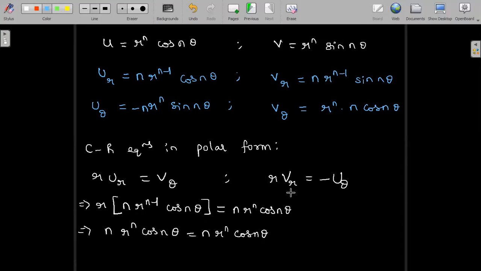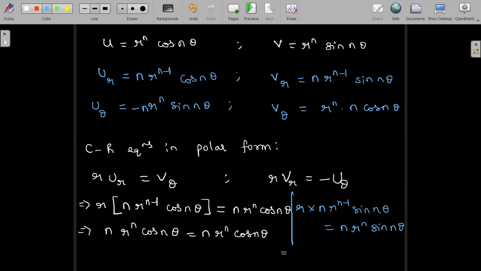Keeping this, we can now obtain the same for the other one. r into vr, where vr is n r power n minus 1 into sin n theta. Is it equal to minus u theta? Minus of minus becomes plus, giving n r power n sin n theta.